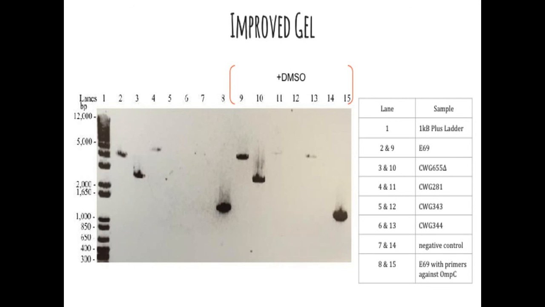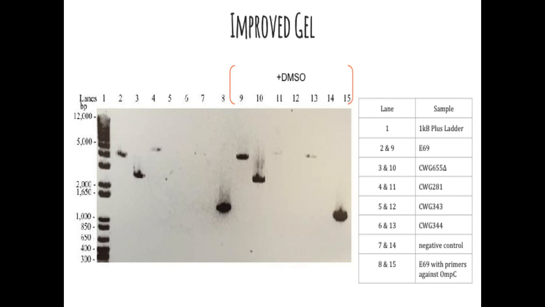DMSO is a known enhancer for PCR as it prevents the formation of secondary structure in DNA templates. As indicated in the figure above, more bands have successfully been shown. Also, the band intensity increases with the addition of DMSO.